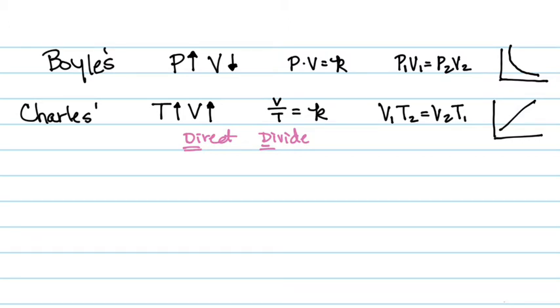And the third gas law that we're going to look at is Gay-Lussac's law. Gay-Lussac's law deals with the variables temperature and pressure. And for these two, they are also directly related. So as temperature increases, pressure increases, or they both decrease together. And this one is assuming mass and volume of your gas are held constant.